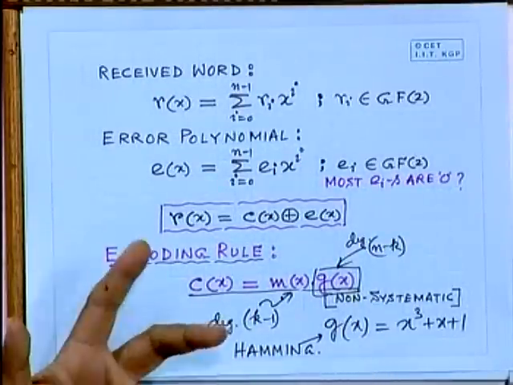So Gi may be 0 or 1. The degree of gx is 3, so we know n minus k is 3. Let me tell you that n is 7, which incidentally is 2 to the power 3 minus 1. So what is k? 4, isn't it?